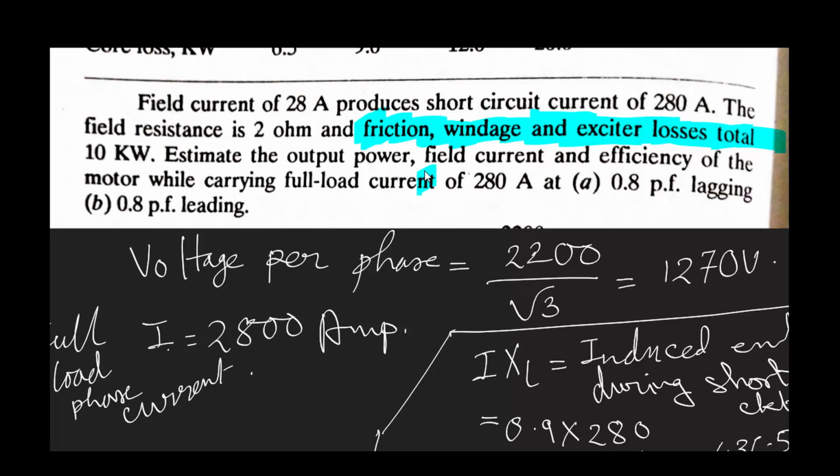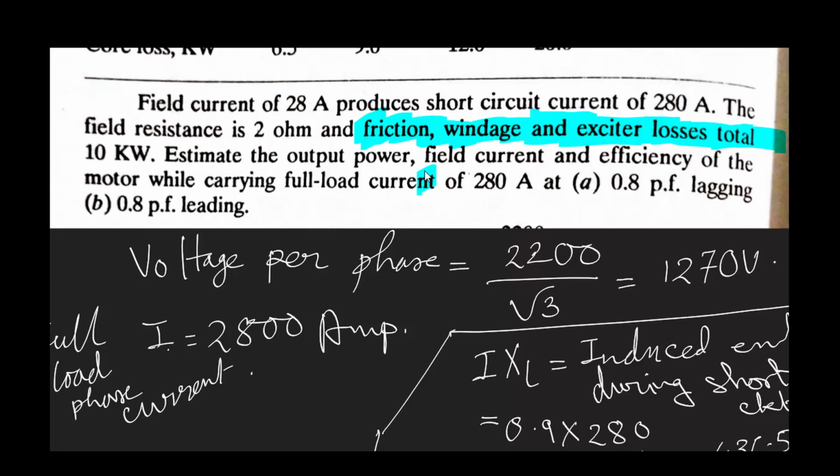Why should we consider the core loss separately? Try to understand what regulates your core loss. The core loss depends on machine internal voltage. It has nothing to do with your external voltage. It is all governed by your internal voltage.